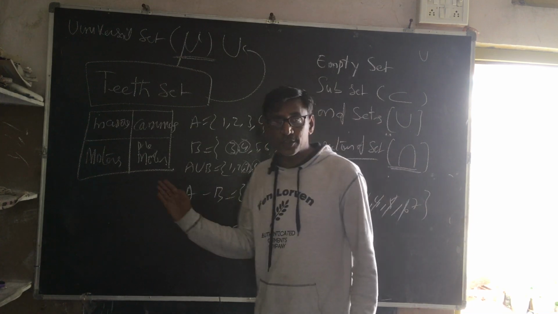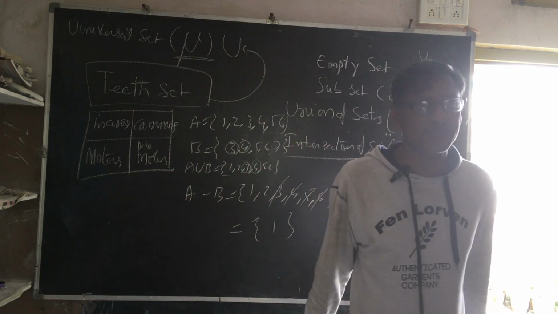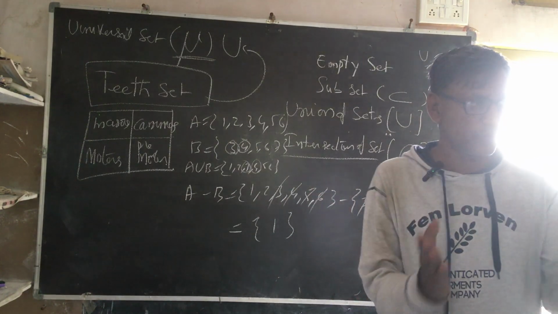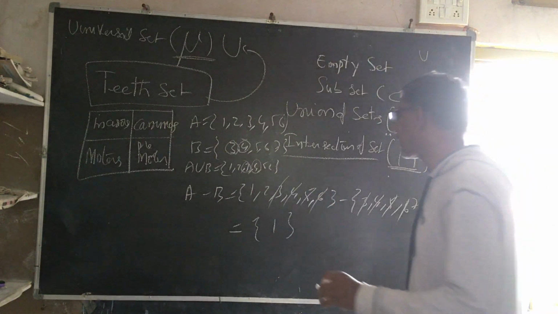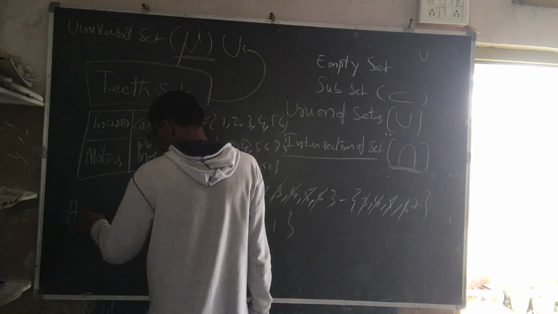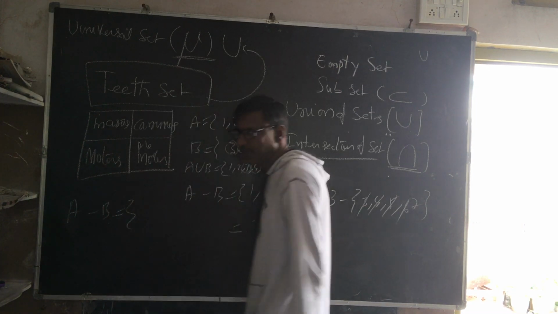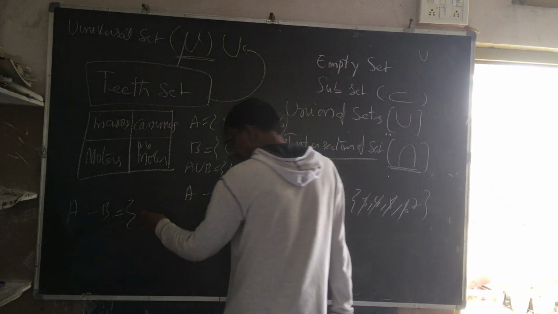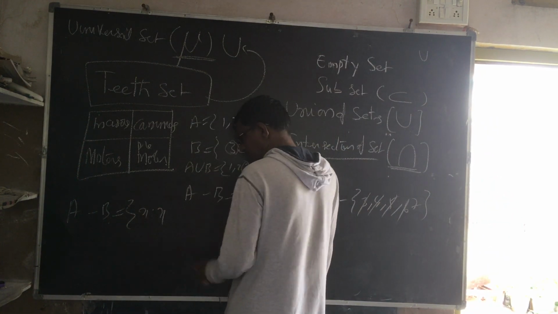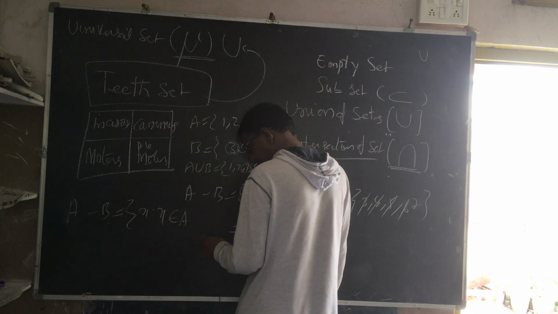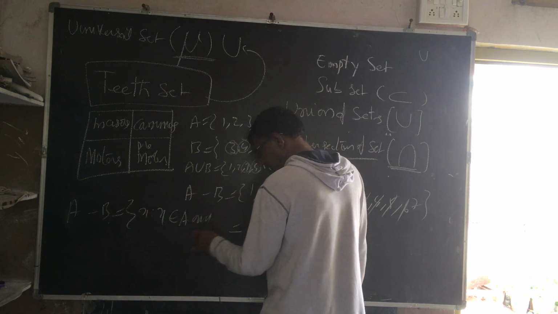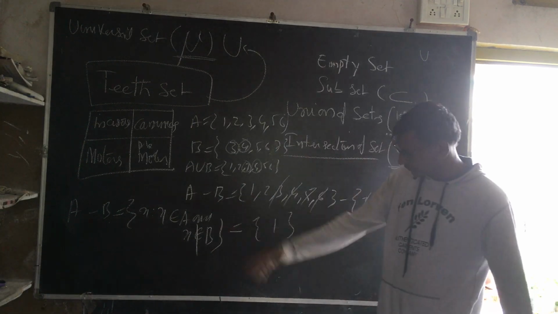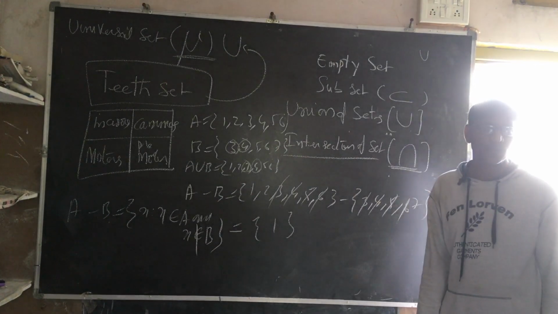So A minus B are the elements present in A but not in B. Do you understand my point? A minus B are the elements present in A but not in B. We can define X such that X belongs to A and X does not belong to B. This is right.